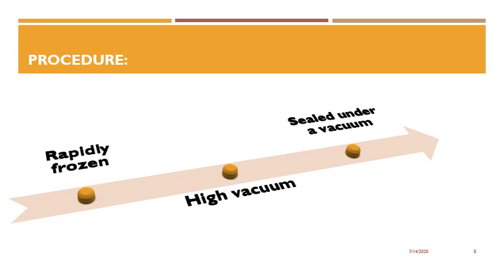Rapid freezing allows only very tiny ice crystals to form in cells so the organisms survive, and organisms so treated can be kept alive for years, stored under vacuum in the freeze-dried state.